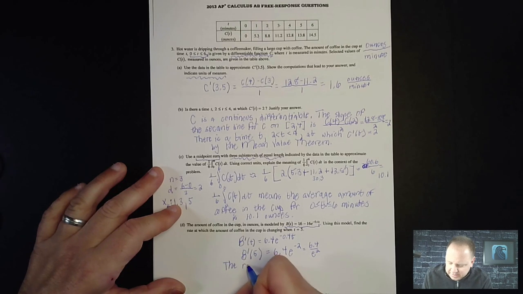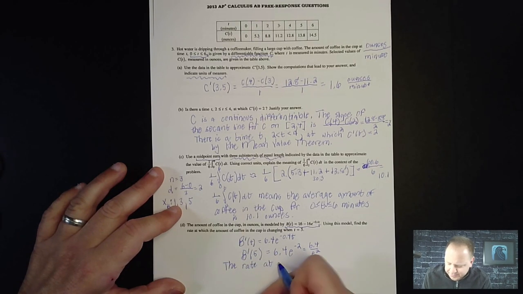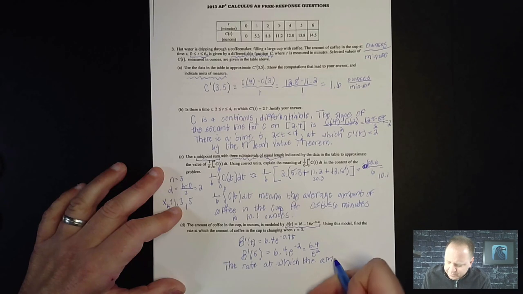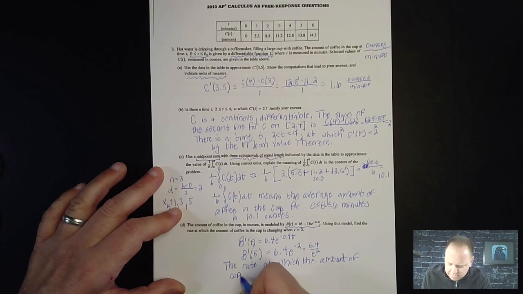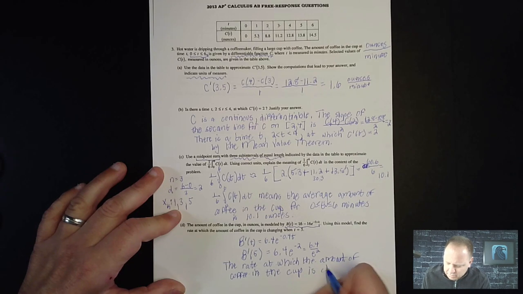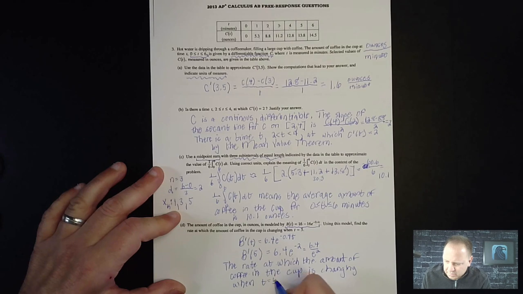With a sentence, using their words: the rate at which the amount of coffee in the cup is changing when t equals 5 is 6.4, remember we don't have a calculator, all over e squared ounces per minute.